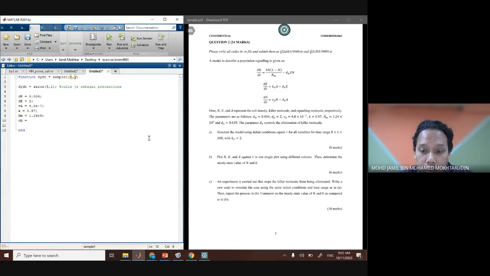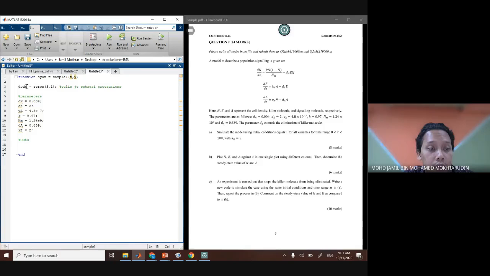EA equals 0.639, and then KE equals 2. After you have written all the parameters, then you can write the ODE.